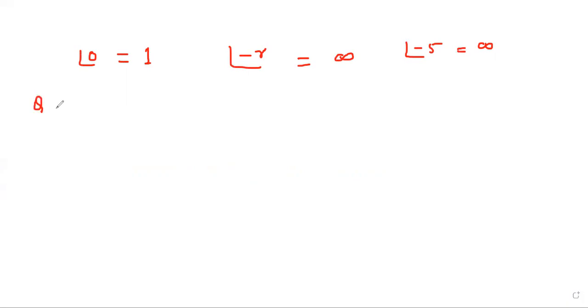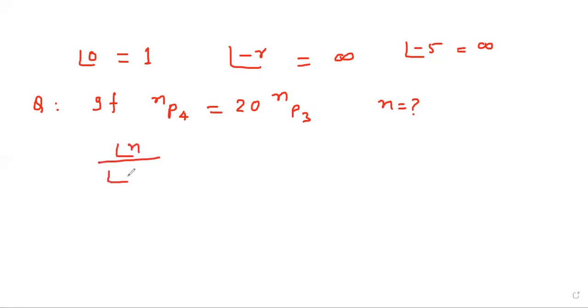Suppose question is, if nP4 equals 20 times nP3, then what is n? Let's see. So nP4 can be written as factorial n divided by factorial n minus 4 equals 20 times factorial n divided by factorial n minus 3.